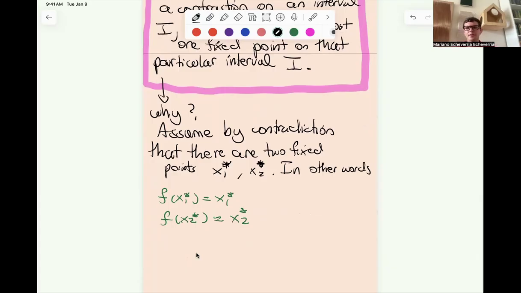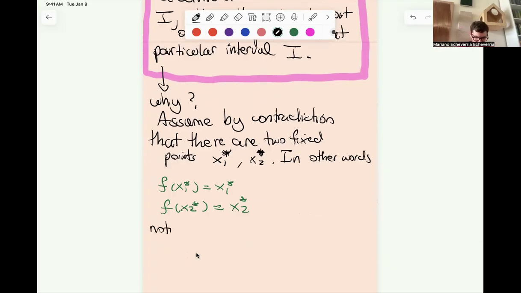And then what happens here? What is the distance between the two points? Notice, what is x2 star minus x1 star? Well, because they're fixed points, that is the same as f of x2 star minus f of x1 star.